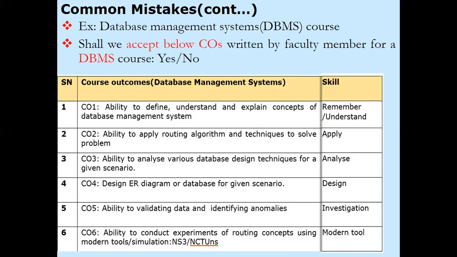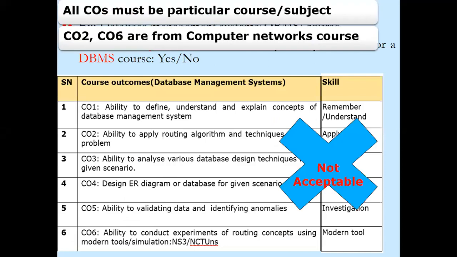Now, there is a subject called database management. The faculty member has written the 6 course outcomes as below. Shall we accept the 6 course outcomes written by the faculty member? The answer is no. Here, he has written 6 course outcomes, but if you look at course outcome 2 as well as CO6, these 2 course outcomes are from the computer networks subject.